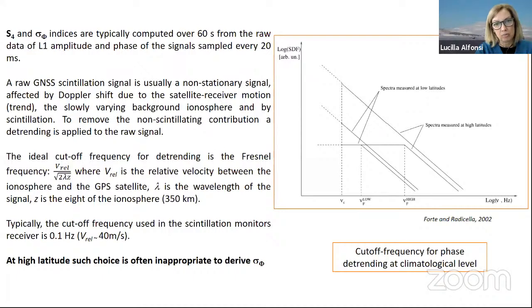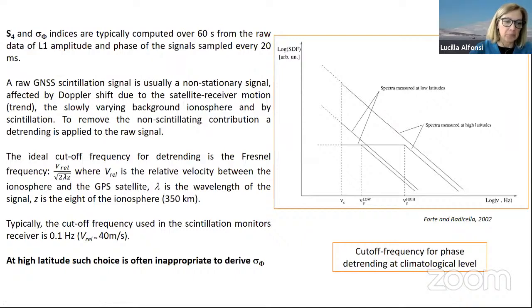Essentially, the spectral density function as a function of the frequency can be described, ideally, by this kind of plot, in which you can see there is a change of slope at a certain frequency called the Fresnel frequency, which is related to the first Fresnel zone.